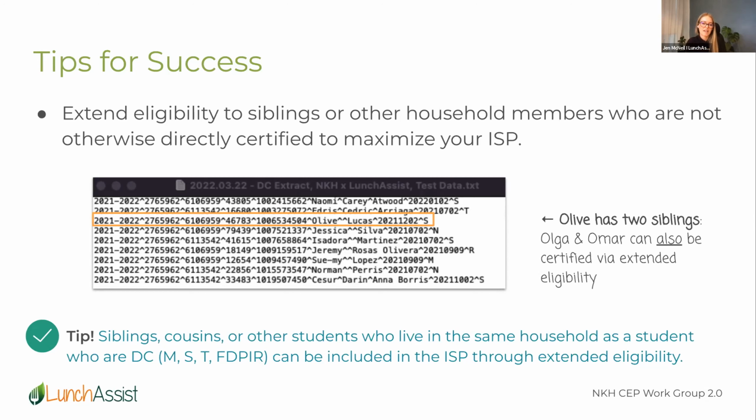So in this example, we would want to note that once we directly certify through extended eligibility Olga and Omar, it notes that we extended it from Olive, so that way the state, when they do your validation review, they can kind of make sense of why you did that. And that is something that we also have a little strategy for you on the tool. So Adam will kind of go over one way that you can work on your extended eligibility through this tool.